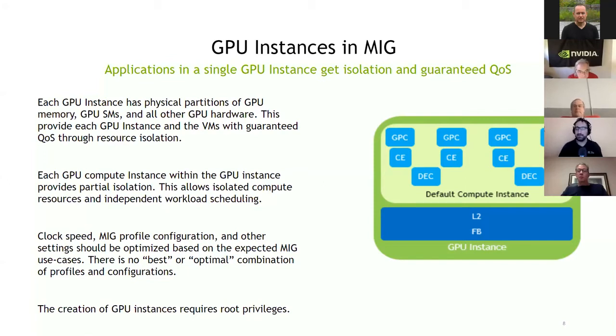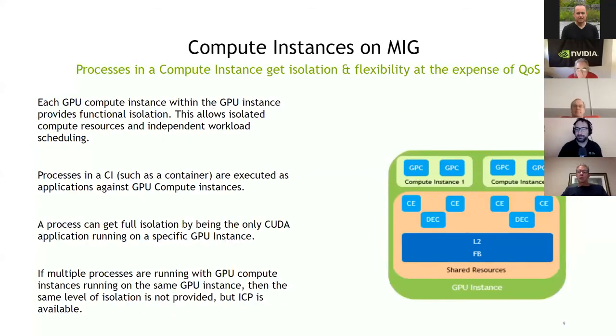So you don't want to give out different MIG devices within the same GPU instance to multiple users. You want to keep those isolated. And of course, doing any of this reconfiguration requires root privileges. So not just anyone can jump in and play with these toggles.